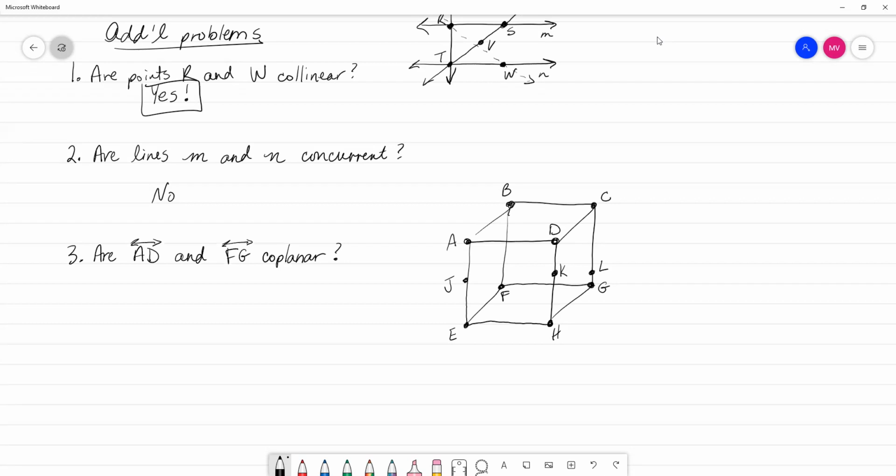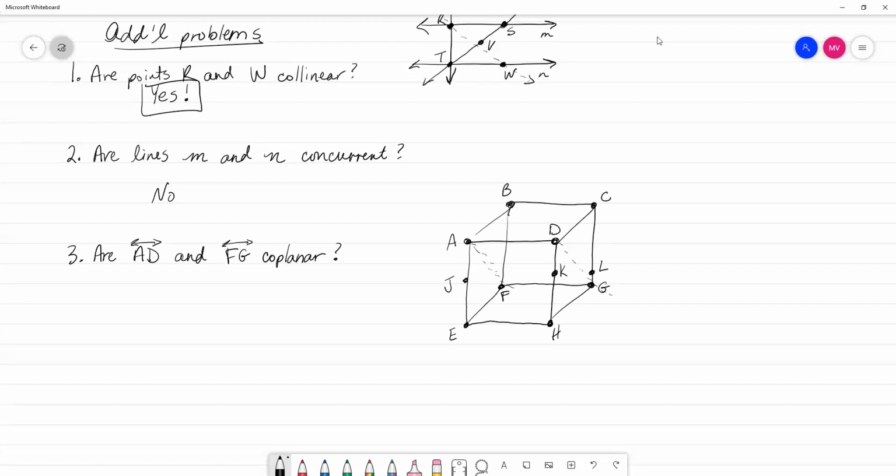Let's look at the definition for coplanar. Coplanar lines are lines that lie in the same plane. So you can create a plane that intersects this cube, this horrible cube that I've drawn.